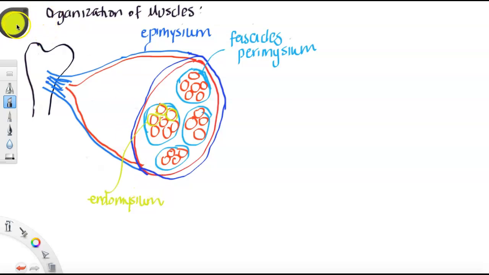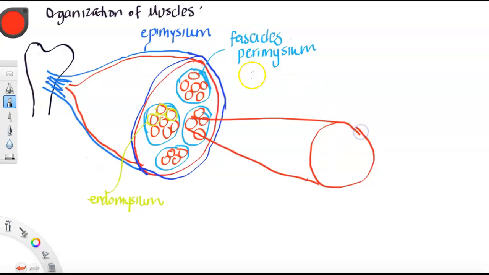So if we pull out one of these muscle cells and blow it up, right? So this is a muscle fiber. All right, it's covered with endomysium.